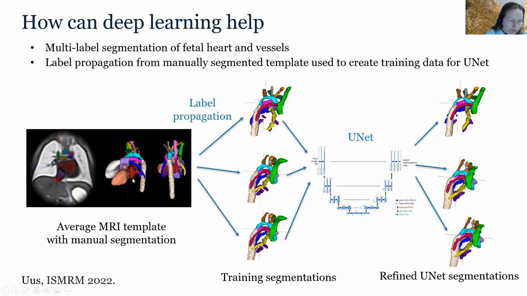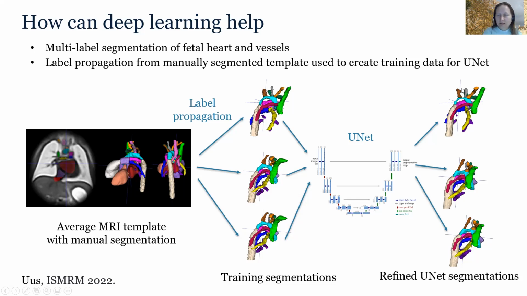Then we used registration to propagate the labels from this atlas to a set of images of individual babies, and we obtained these training segmentations using label propagation. This training data set was then fed to a UNet segmentation network. Here you can see the output segmentations.